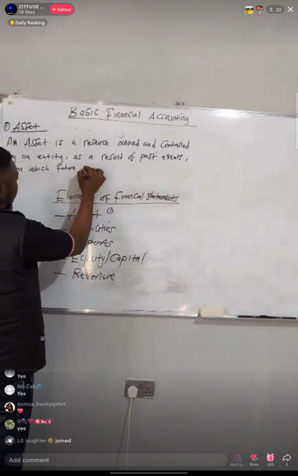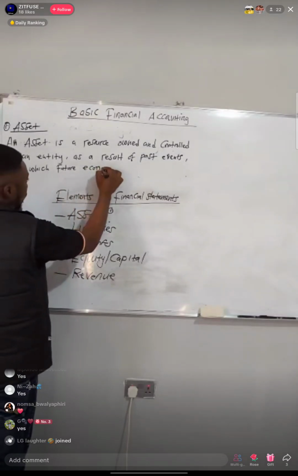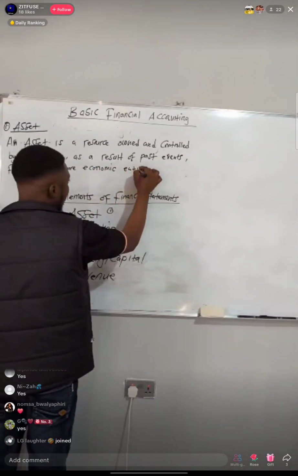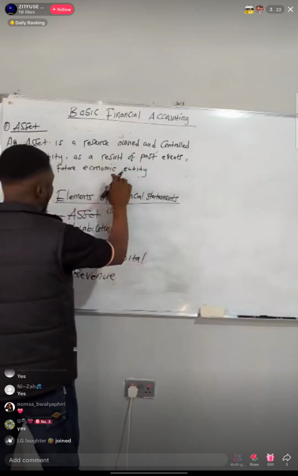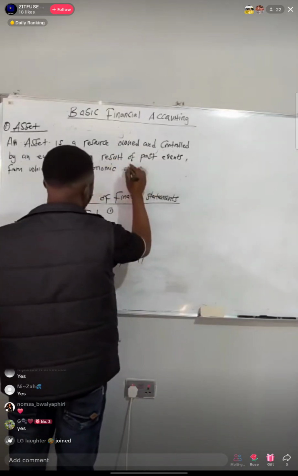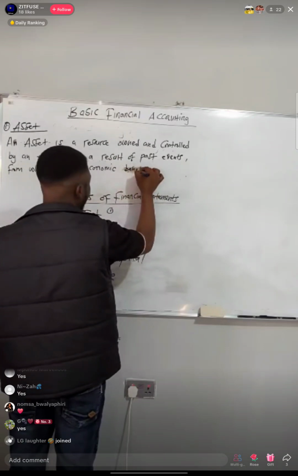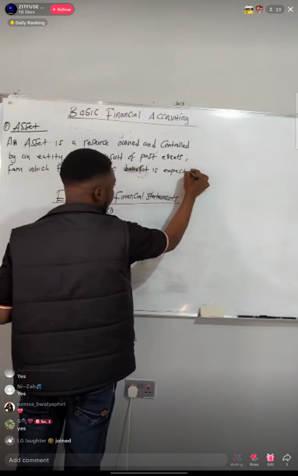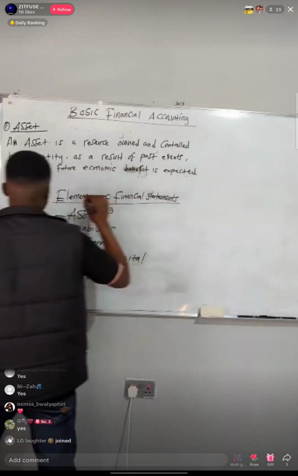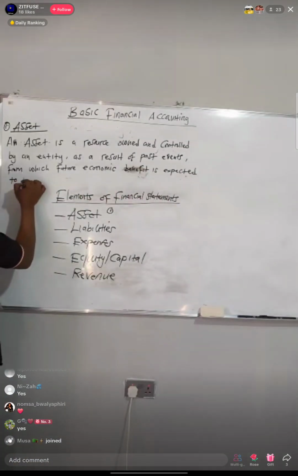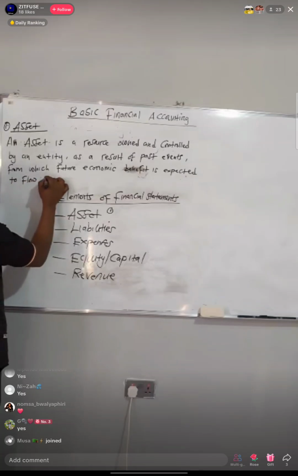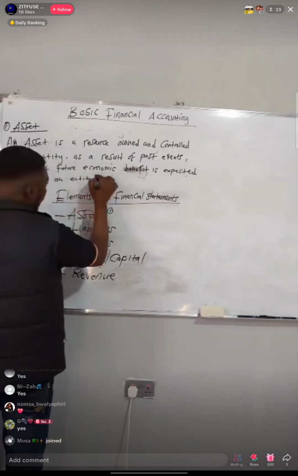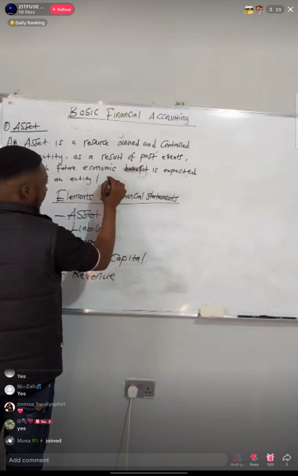So from which future economic benefit is expected to flow to an entity or to be derived from.